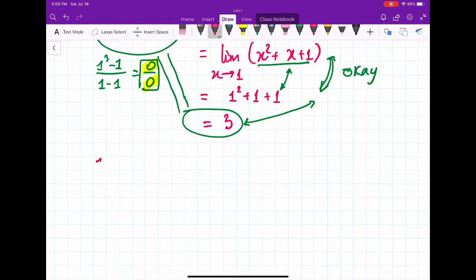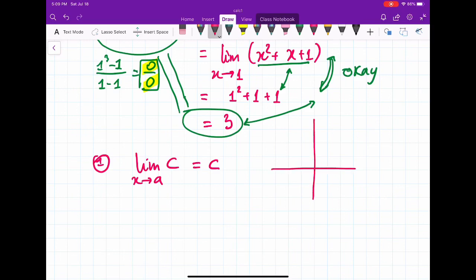The first property is that the limit of a constant c when x approaches some number a is just c. We already saw that when we studied absolute value of x over x. We know that this function is not defined at 0 and does not have a limit at 0. Why? Because when x is less than 0, the limit is negative 1.